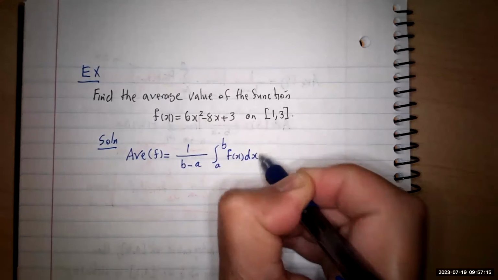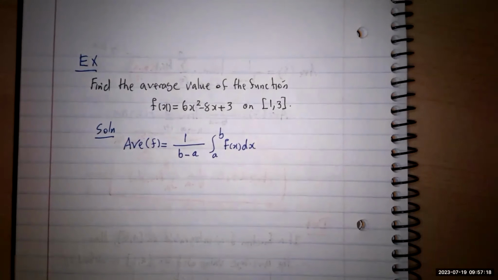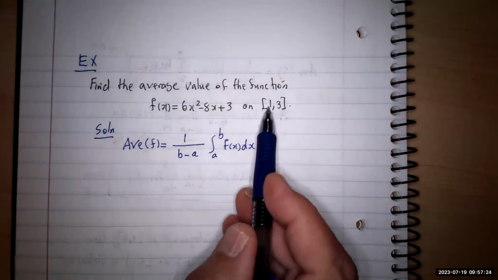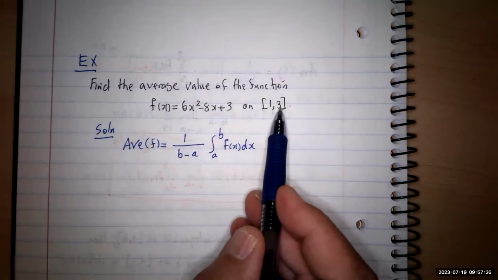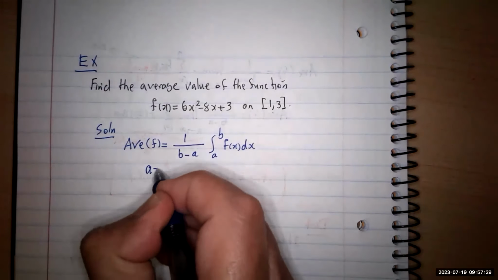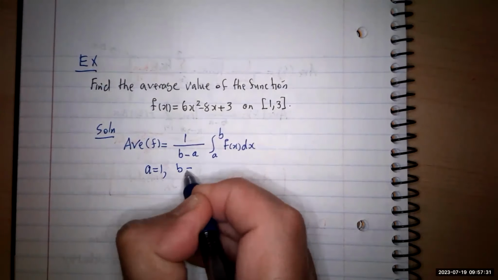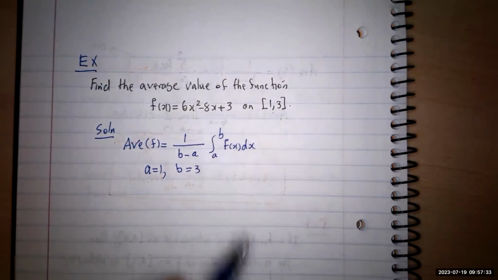Make sure you have your formula. a is the small number 1, b is the bigger number 3, and the function is given to substitute.